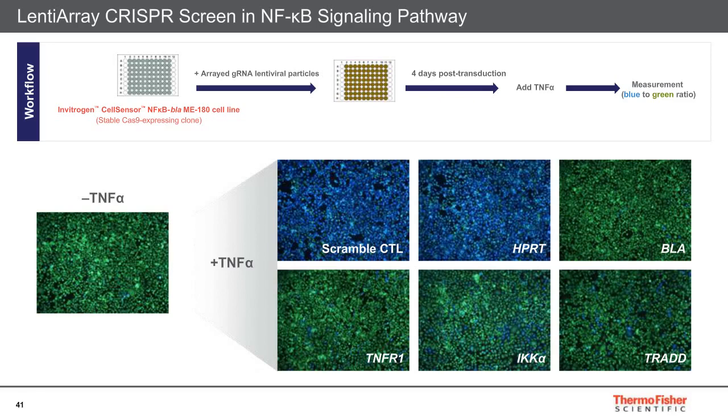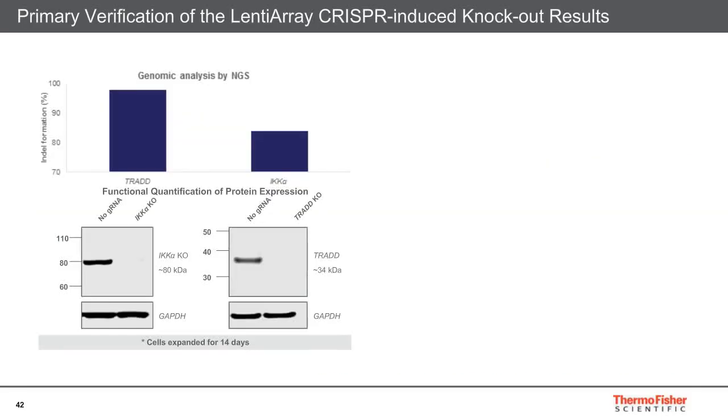So we indeed don't see any activation of the pathway in this BLA slide. The same thing is true when we knock out TNFR1: you do not see activation of the pathway, because if the receptor itself is knocked out, you should not ideally see any downstream effect. And then IKK alpha and TRAD, which are the pathway components, now we see a little bit of activation, but mostly the pathway is inhibited.